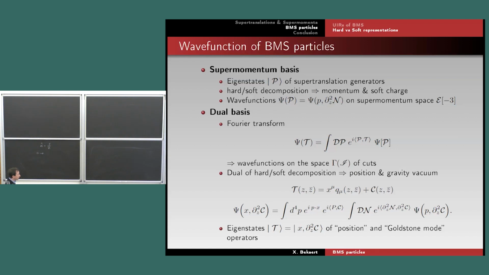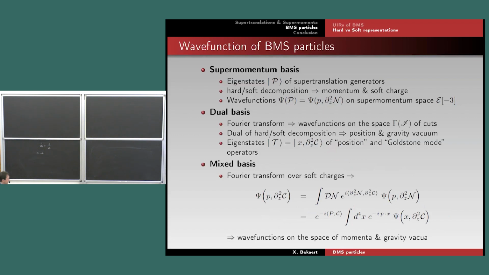And just to finish, you can also think about another basis, which would be eigenvectors, in that case of position and Goldstone modes, which would be like this. Again, just to make contact with some other works. And you could also play some game and have mixed cases. And this one is particularly appealing, I would say.